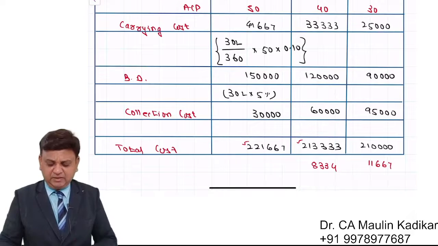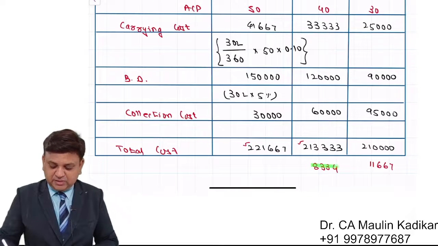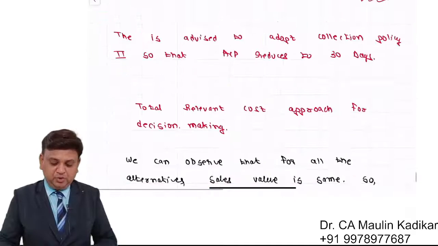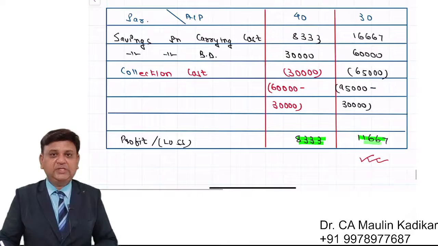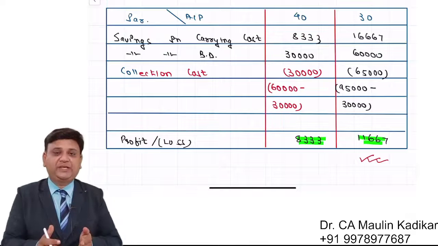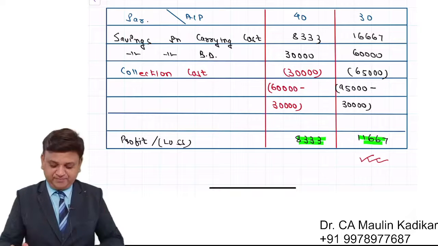So basically, why do I make this calculation? Because I want to explain that this is the answer that you already have done using the incremental approach. And of course, these answers are always going to match.